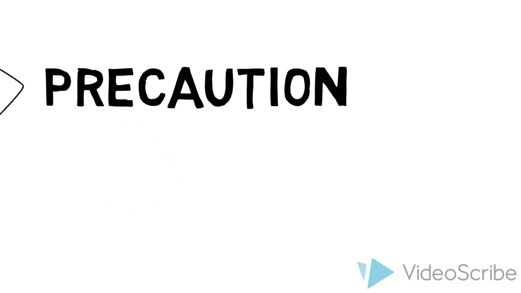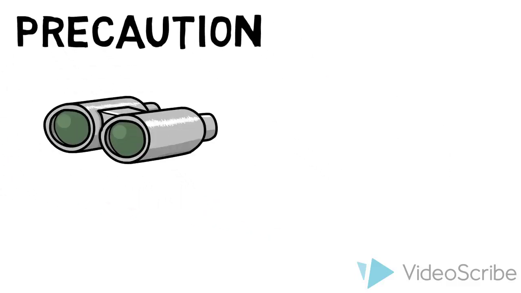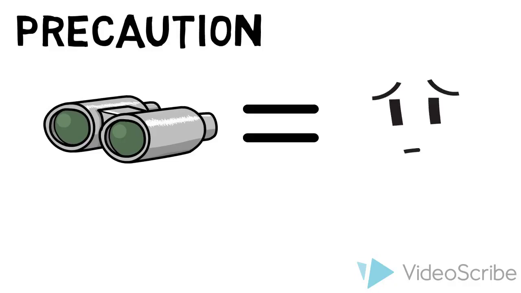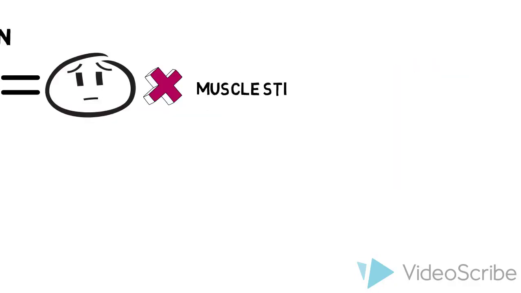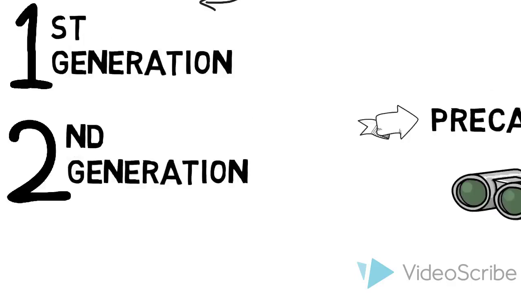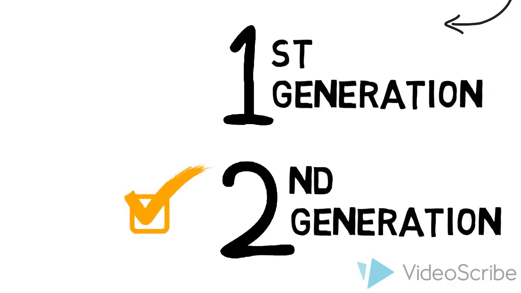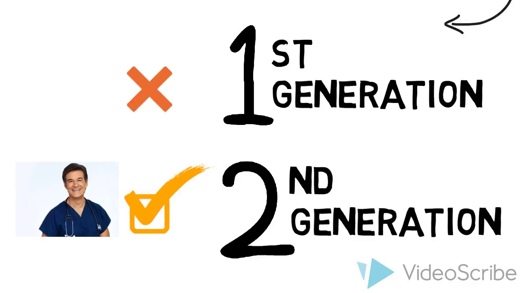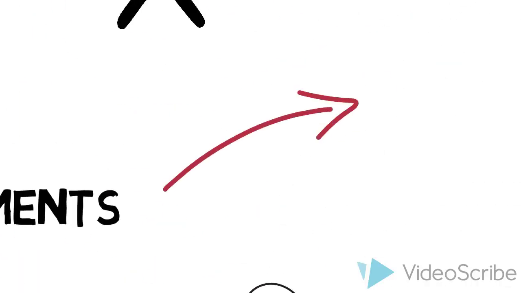However, the patient undergoing this treatment must be monitored closely since there are a number of side effects, such as muscle stiffness, weight gain, and extrapyramidal effects that involve movement. However, the second generation is newer and preferred by doctors as it has lower rates of side effects.